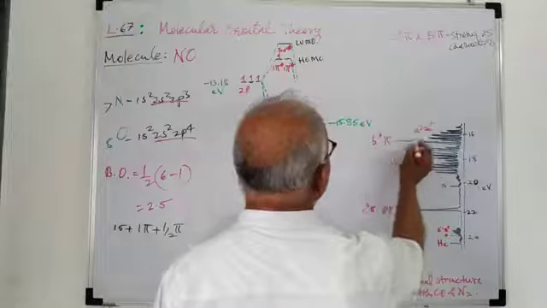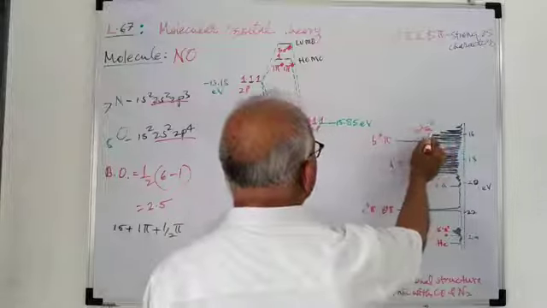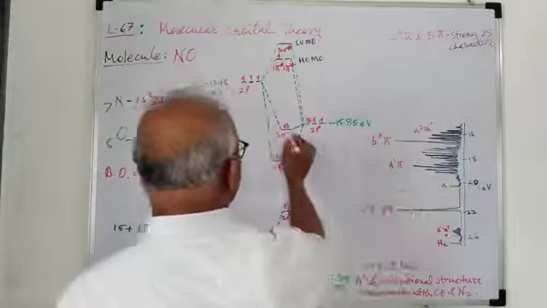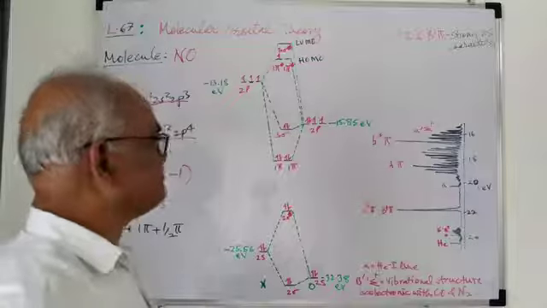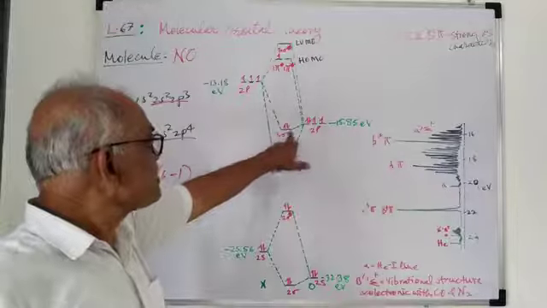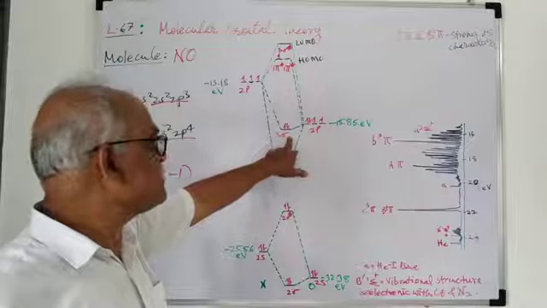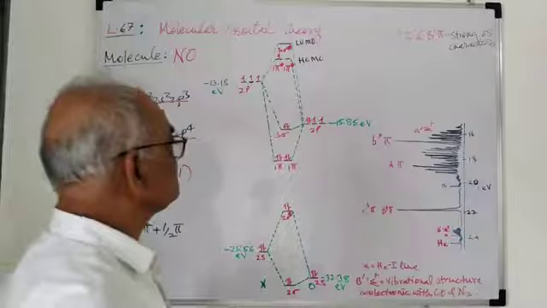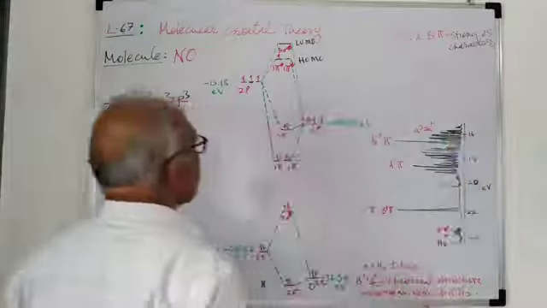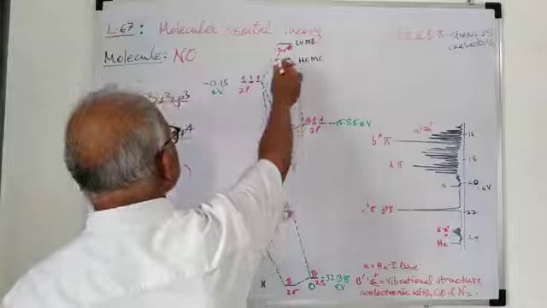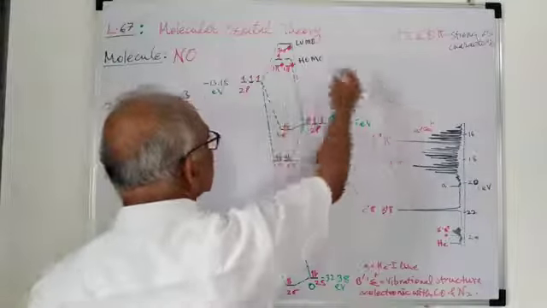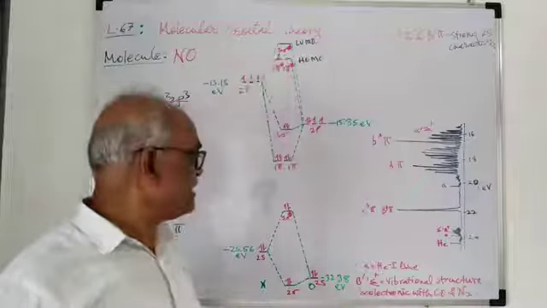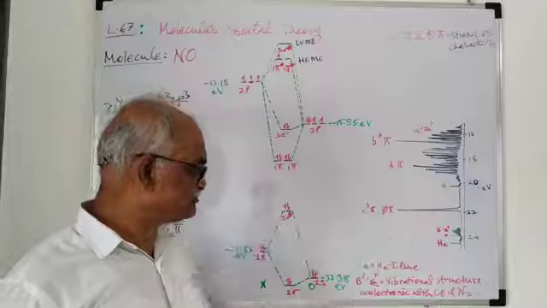And here you will find that this A3 sigma plus corresponds to this 3 sigma. So we have shown this 3 sigma having photoelectron spectral lines at this region, and another is this pi star. There are no lines for these antibonding molecular orbitals.